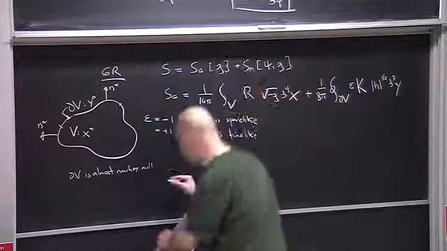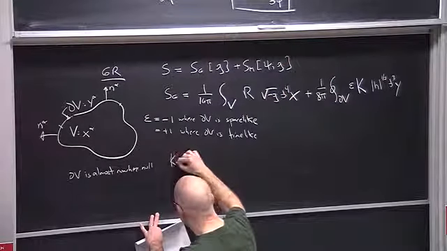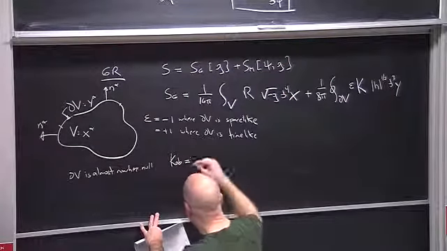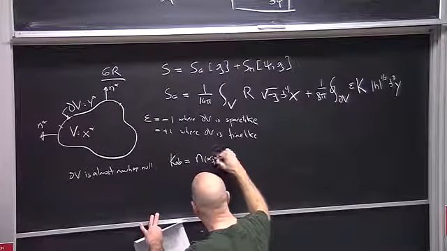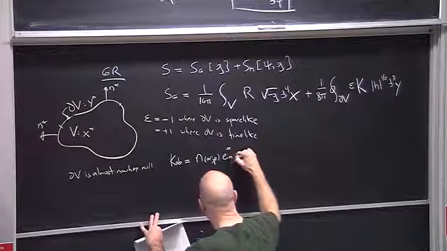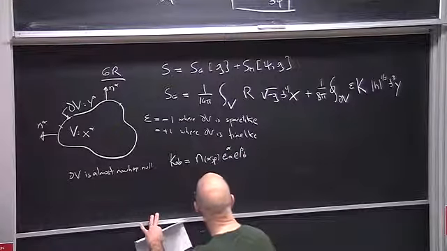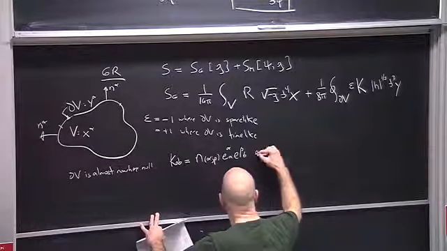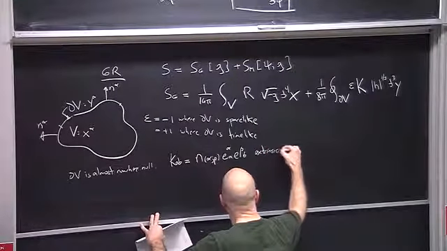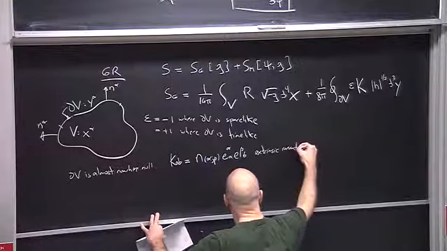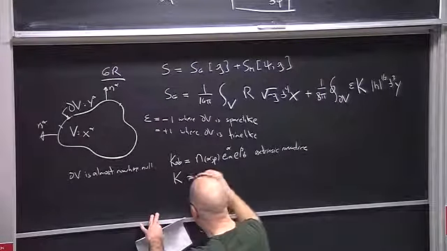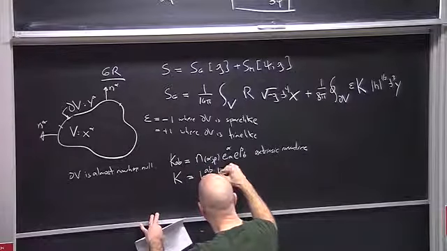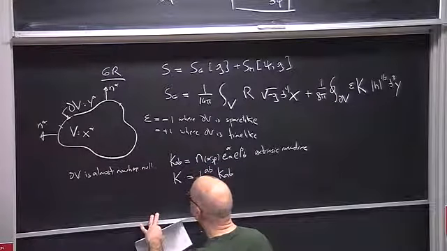K, so we have K is the extrinsic curvature on the boundary, so it's defined in the usual way in terms of the covariant derivatives of the normal vector projected down to the surface. And K, the scalar K, is its trace, defined in this way.